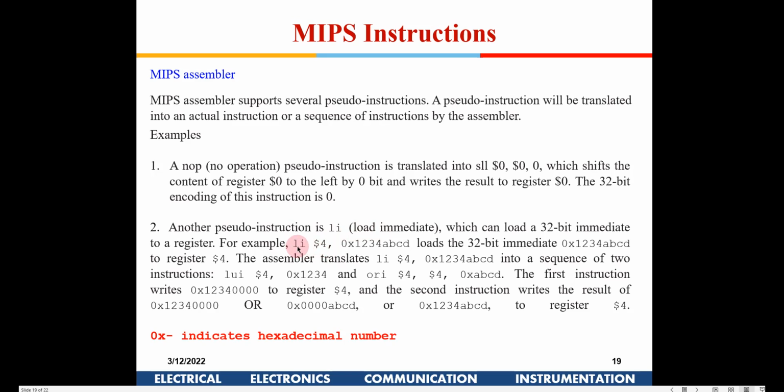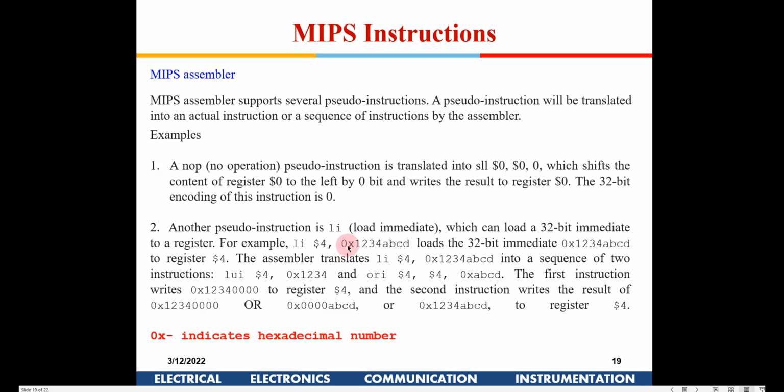If I want to do LI $4, wherever we write a dollar sign, it means the register number. So into the 4th register I need to put this number, a 32-bit data, 0x1234ABCD. Whenever we write 0x, it means this is a hexadecimal number.